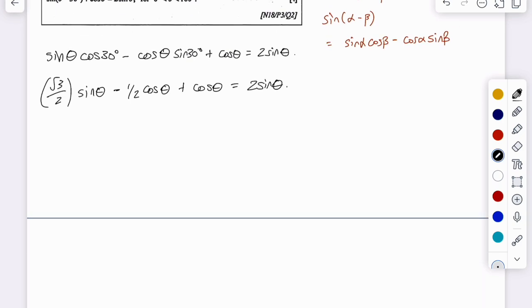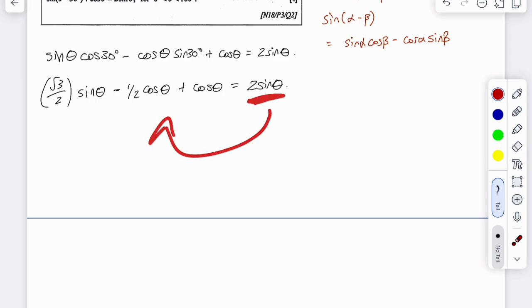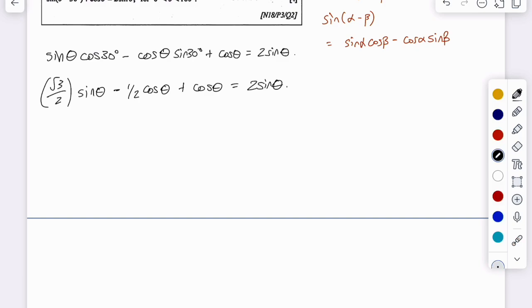Brilliant. So, where can we go from here? Well, we can take 2 sine theta to the other side. So what we get then is root 3 minus 4 over 2 sine theta plus a half cos theta equals 0.